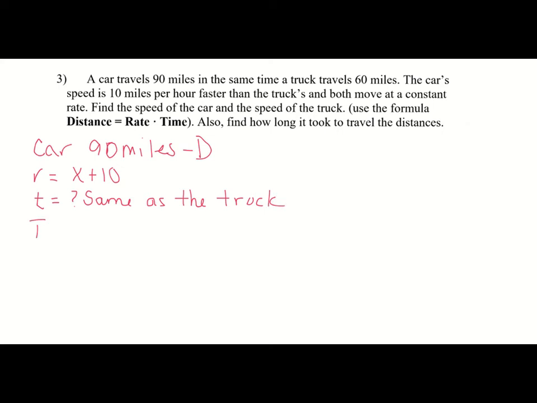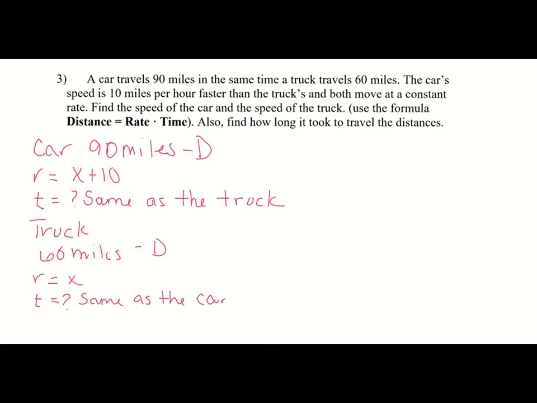Then we have the truck. It travels 60 miles. So again, that's our distance. Our rate is x, and the time, again, we don't know how long, but we know it's the same as the car. So what we're going to do here is we know the distance and the rate, but we're looking for the time.